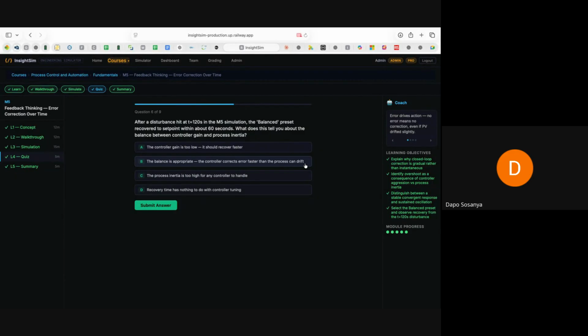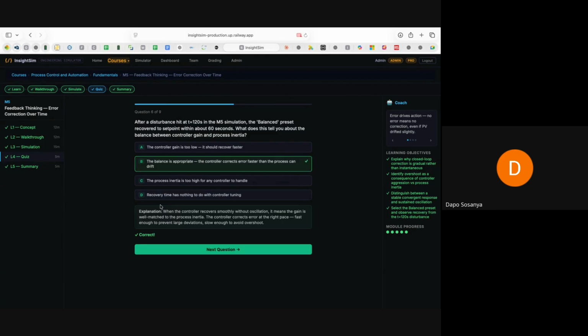So when the controller recovers smoothly without oscillation, it means the gain is well matched to the process inertia. The controller corrects error at the right pace, fast enough to prevent large deviation and slow enough to avoid overshoot.